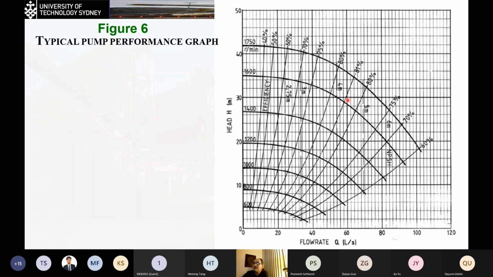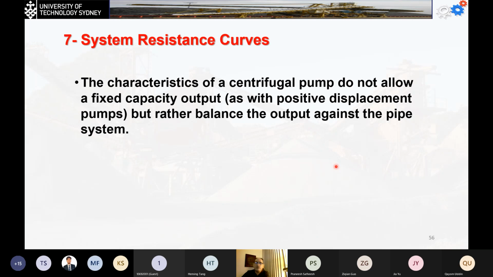So that's how we can find the flow rate, the head, the efficiency, the NPSH value and the RPM value. We're going to do that during our design example next week. It's going to be exactly similar to the quiz we're going to have.